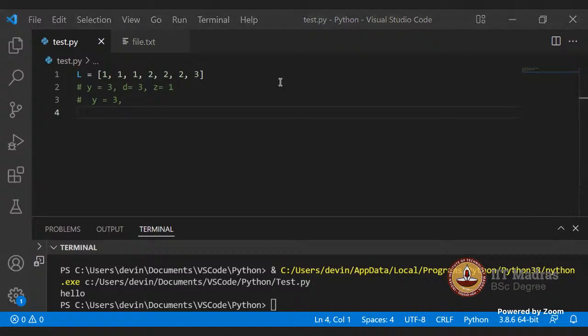Let's assume that we have a number of students and their corresponding marks. We need to find out the topper. We keep track of the high marks, and whenever we come across a student's marks greater than the high marks, we update the student name.